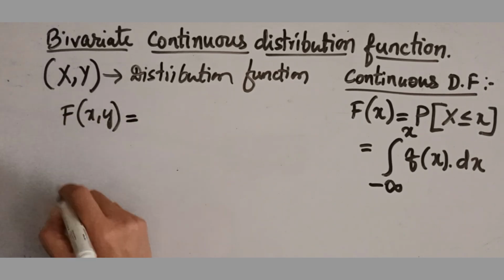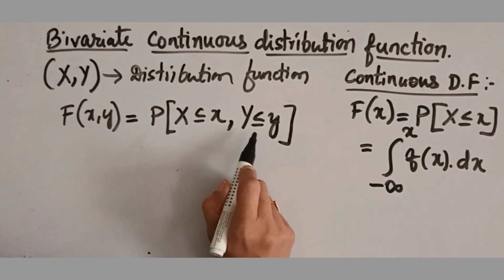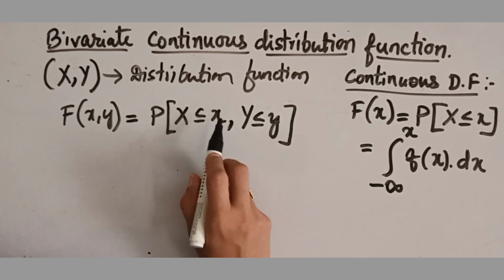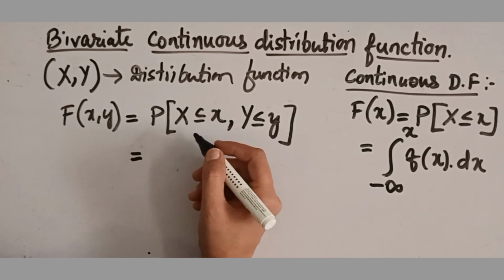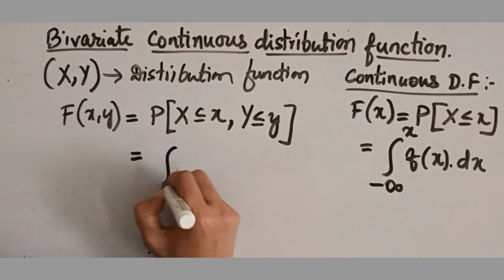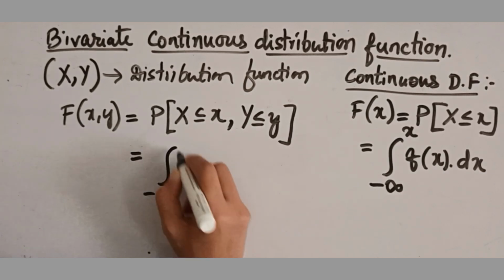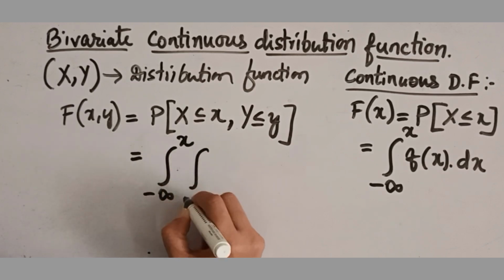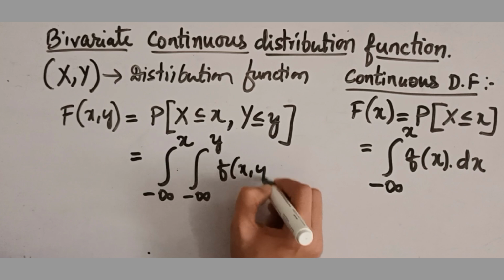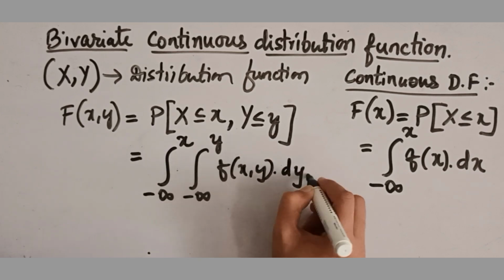This is the sum of all probabilities up to the point (x, y) including the point (x, y). Here the summation is represented using integration. Therefore, it is the integral from minus infinity to x, then the integral from minus infinity to y, of f of x comma y dy dx.